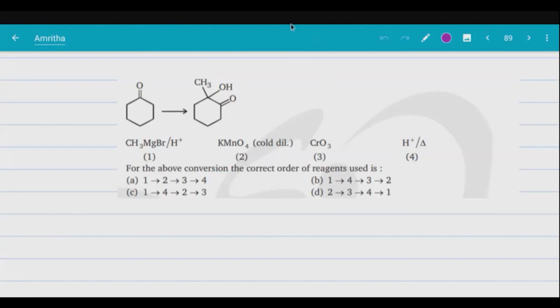Identify the sequence of these reagents. First one, is it right? 1 2 3 4. Achha. 1 4 3 2. Okay. 1 4.